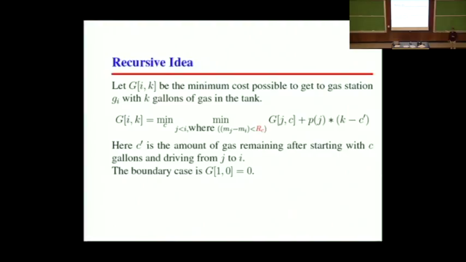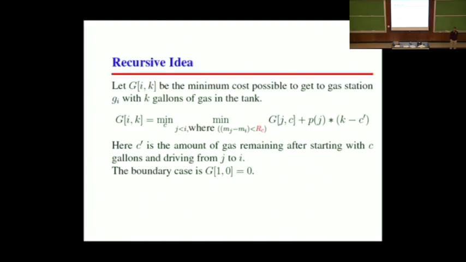Does everybody kind of get that idea? Okay. Now, if I keep my state as being both the station and the amount of gallons I need, now I can figure out the cheapest way to end up here. Any questions about that? Okay, this is maybe a little bit more detailed than we wanted to go into.